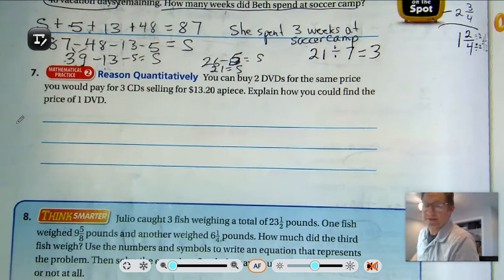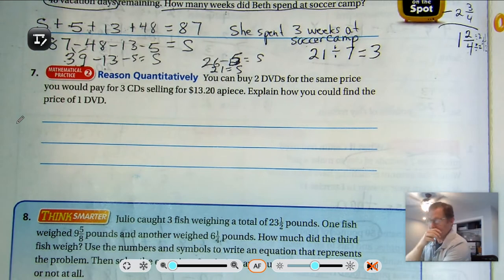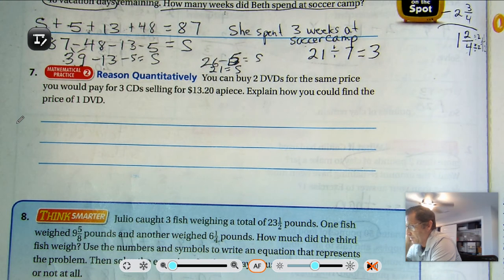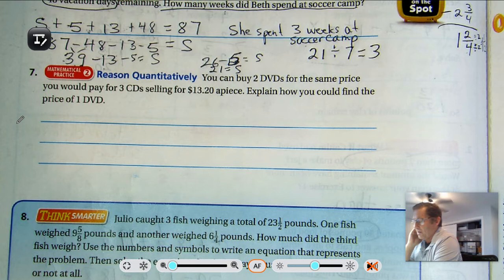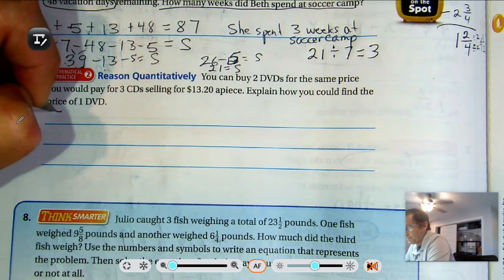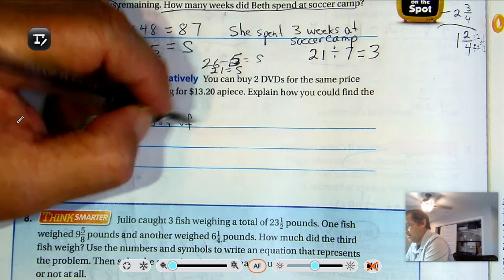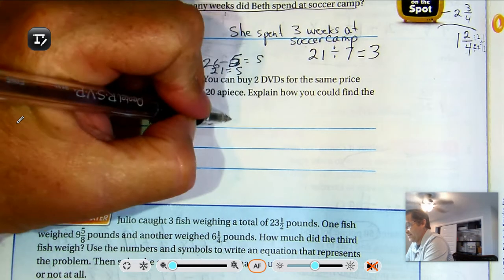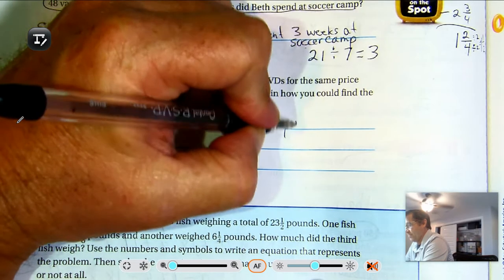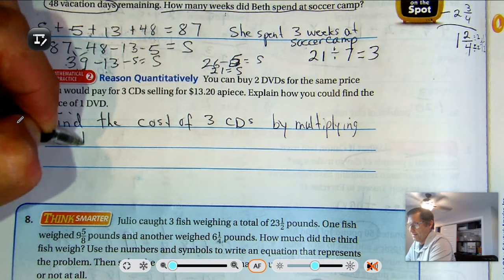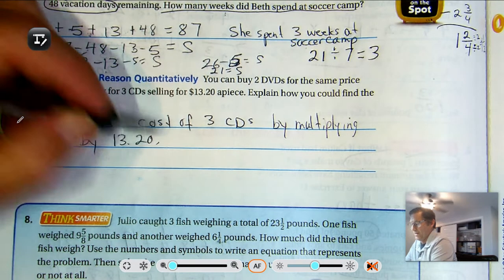All right. Number 7. You can buy 2 DVDs for the same price you would pay for 3 CDs selling for $13.20 a piece. Explain how you could find the price of 1 DVD. Okay, so find the cost of 3 CDs by multiplying 3 by 1320.